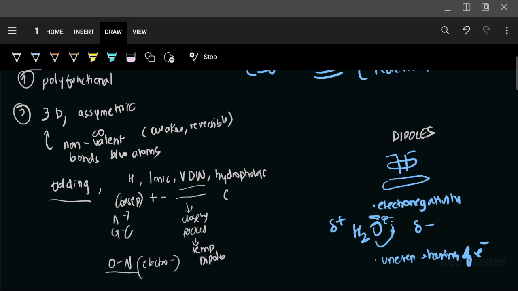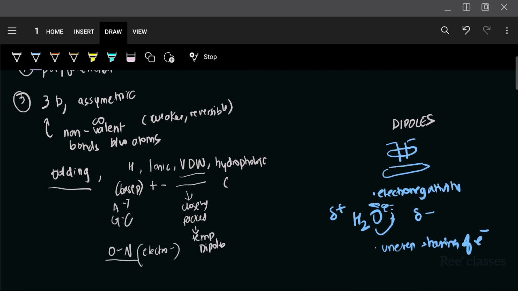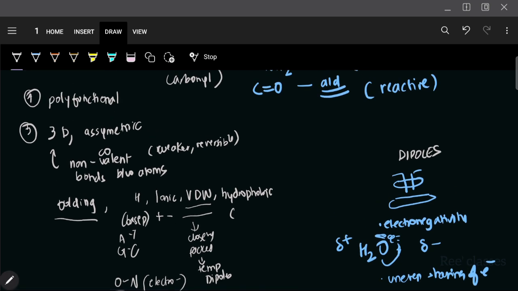Okay. Another thing we mentioned here was asymmetric. It's also important to know what we mean when we say asymmetric. So asymmetric is basically that they are non-chiral. That if you mirror that structure, it's not going to be the exact same.